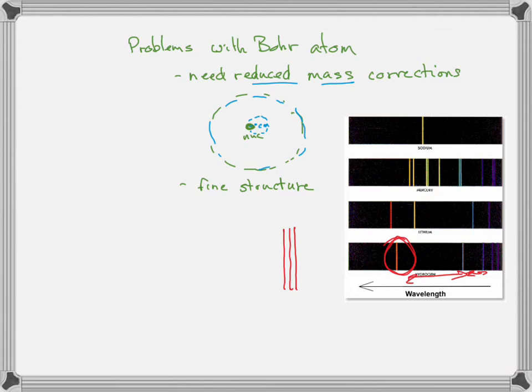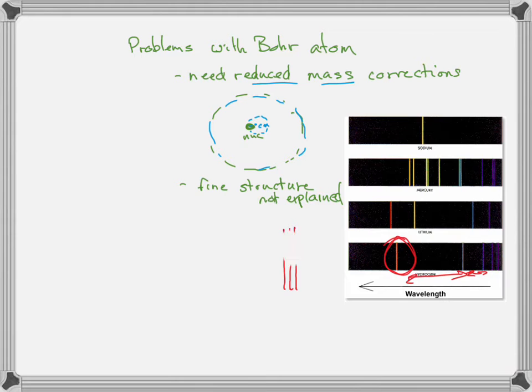And you've probably heard of, for example, electron spin, right? So you could have an electron which is in the spin up or an electron in the spin down. And so there's slightly different energy within a given state. And so those slightly different energies within a given state give us fine structure. So that isn't predicted by the Bohr atom.